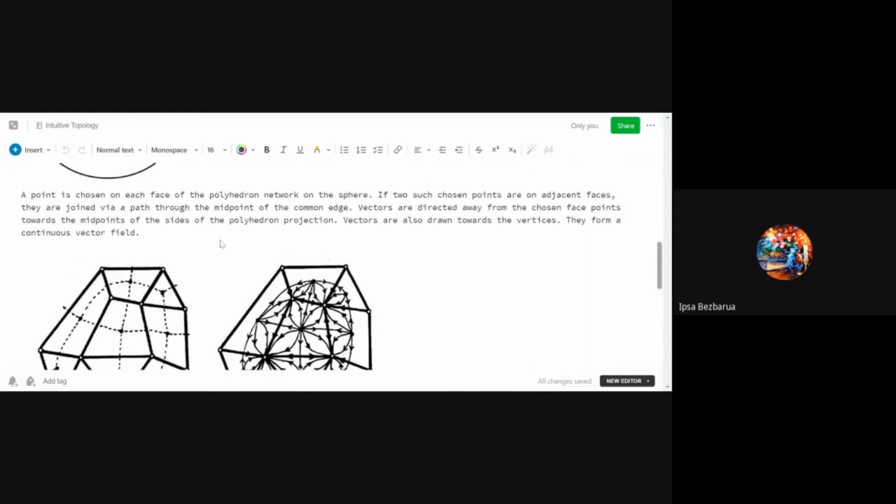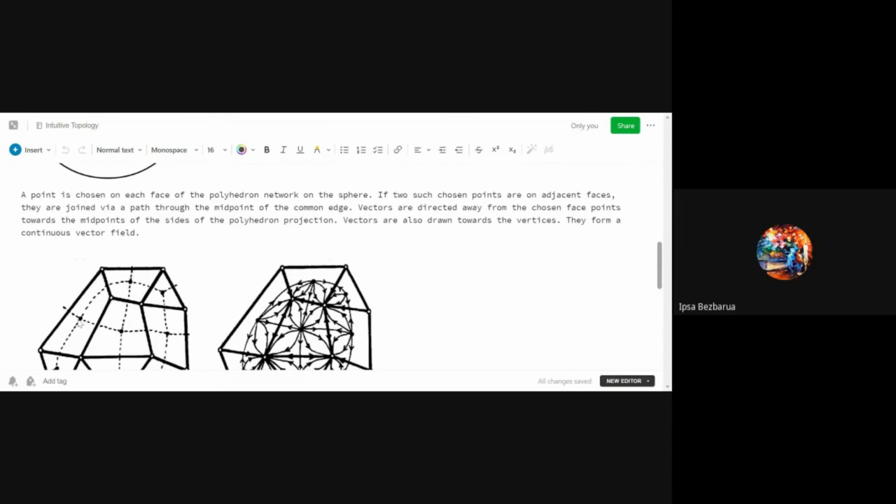And suppose two of these points are on adjacent faces, then I'm joining these two points by a vector which passes through the midpoint of this common edge.